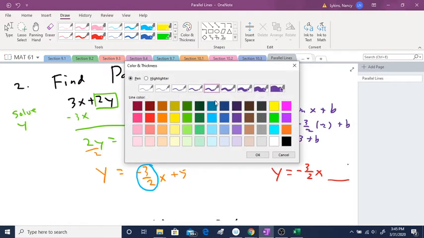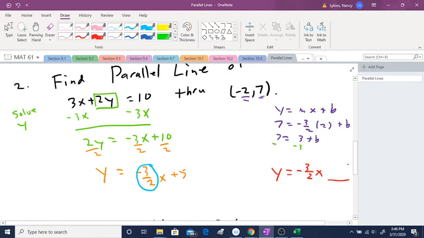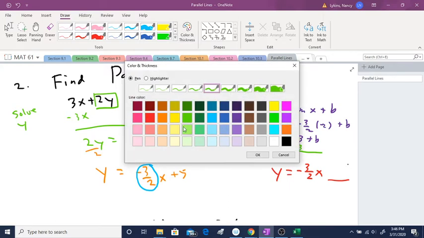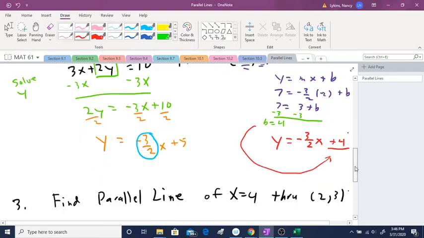And then I want to take my 3 and subtract it from 7. That gives me b equals 4. I'm going to move my 4 down right here, since my 4 is positive, plus 4. So this is my new equation. And notice the -3/2 is on both equations. That means they're parallel.